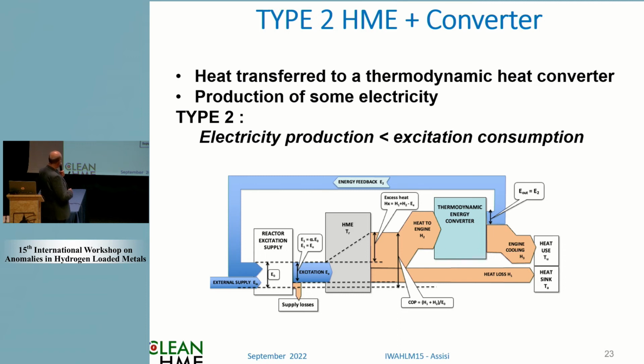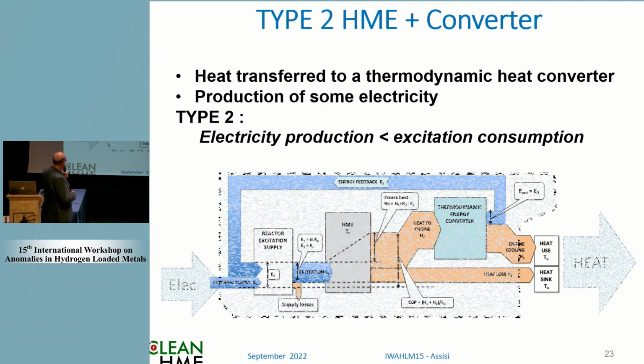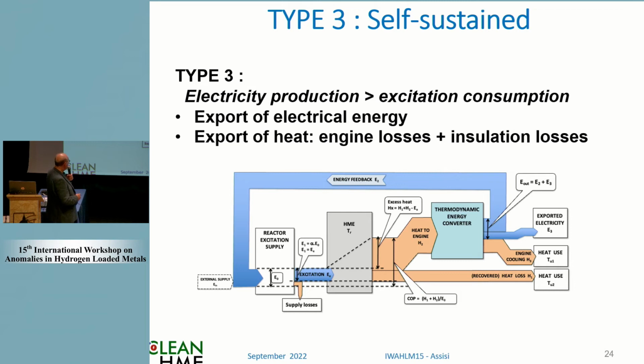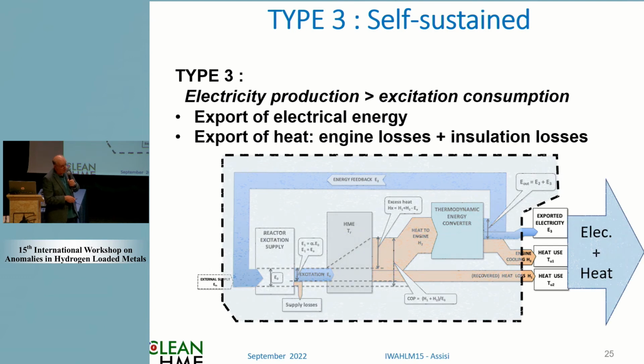So even in this case, this is for me a type 2 system, because you still need some electricity in to get what you want out. Now, of course, if you have enough electricity coming out of this converter, you can export some electricity. You have enough electricity for excitation, and then this becomes a type 3, except maybe some electricity to start up, because the difficulty is to get the first reactions, isn't it?